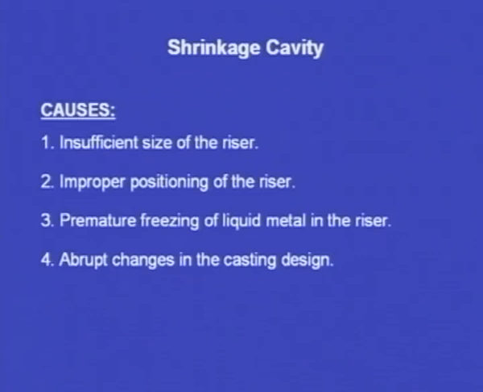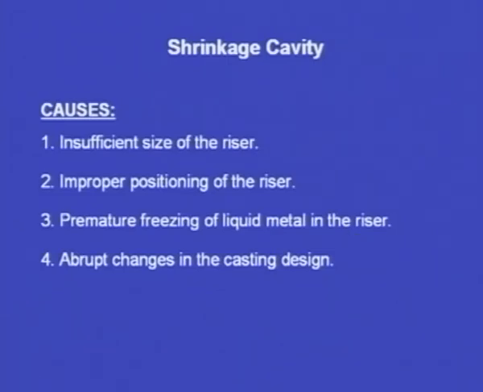Causes: one is insufficient size of the riser. If the liquid metal in the riser is not enough to feed the casting or to feed the shrinkage during solidification, then this shrinkage cavity will arise. Next one, improper positioning of the riser. This may cause shrinkage cavity. Next one, premature freezing of the liquid metal in the riser.